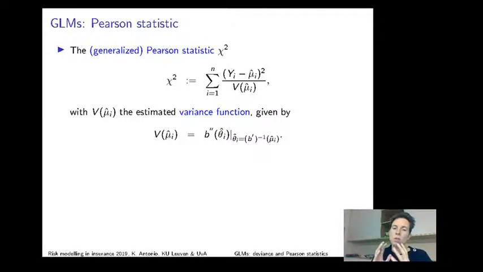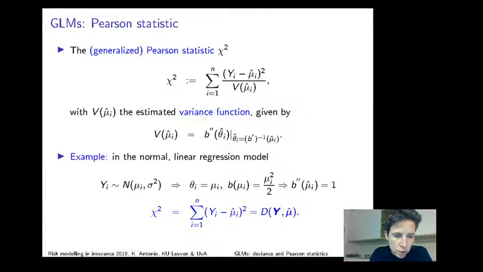So we take that squared difference and we divide by the variance function evaluated in mu hat i. And recall that earlier in this course we specified this variance function V evaluated in mu hat i as the part of the variance that captures how the variance is changing with the mean, how the variance depends on the mean. So that's what you see appearing over here.